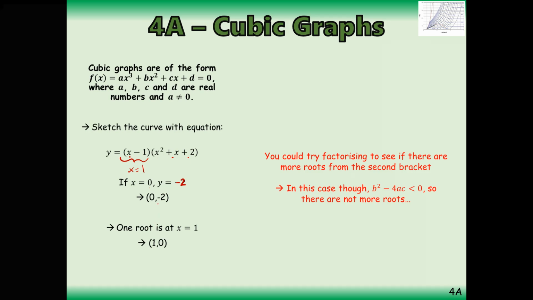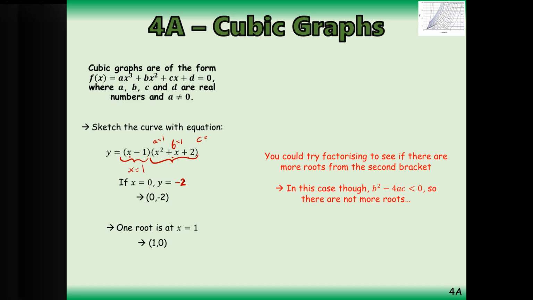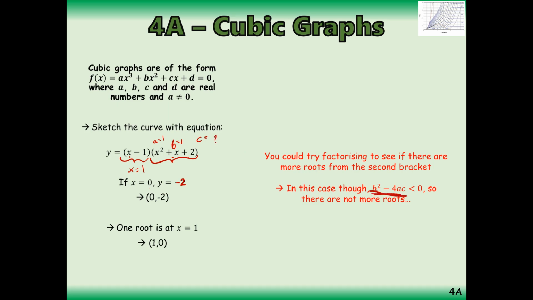So one of the roots is at 1, but we don't know the other two roots. Does it even have a root there? If you check the coefficients, a is 1, b is 1, and c is 2. So when you check the discriminant, the discriminant is negative, all right?